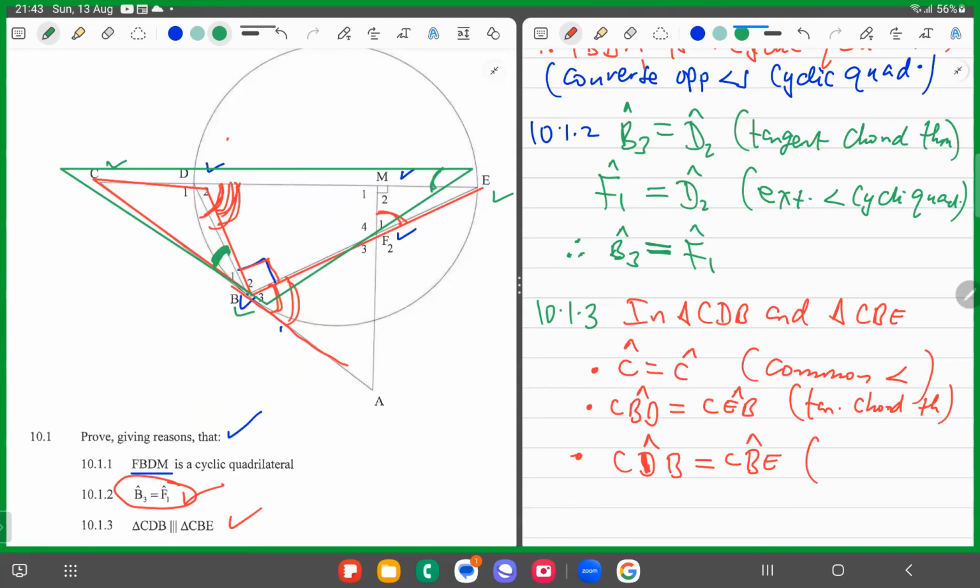Or you can say it is the angle sum in a triangle.